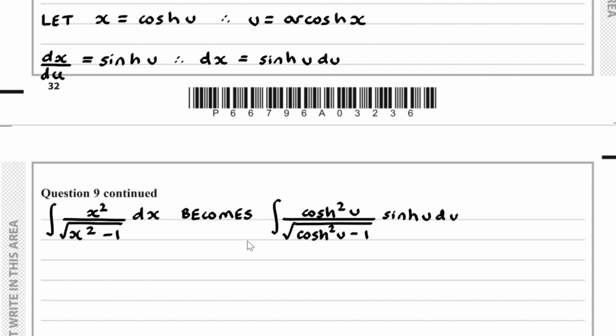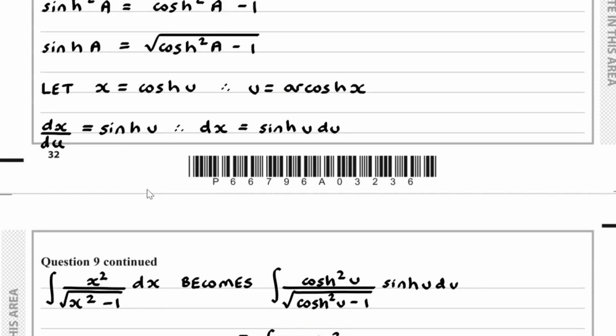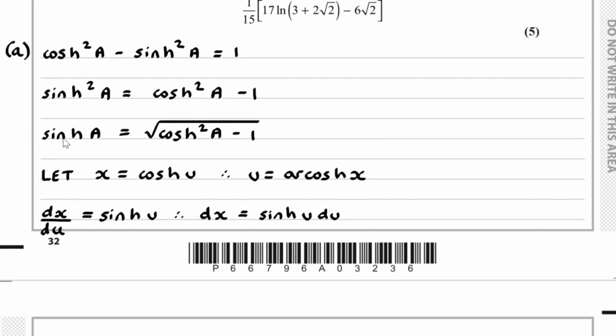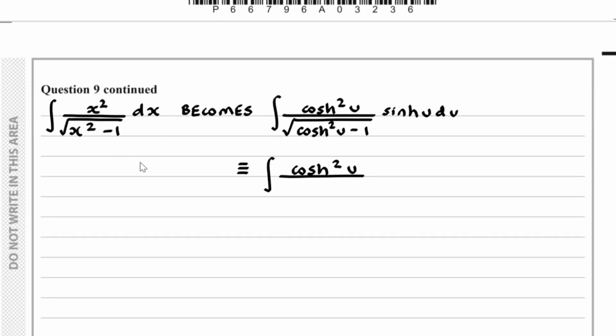So let's simplify all of this. We have the integral of hyperbolic cosine squared of u over, well, hyperbolic cosine squared u minus 1, that's hyperbolic sine squared, and then square rooting that we get hyperbolic sine.